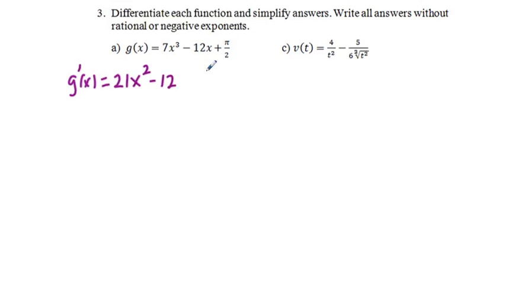So this would be our answer for part A. Now for part C, we have these negative exponents here, and so I'm going to rewrite this as v of t equals 4t to the negative 2 power.